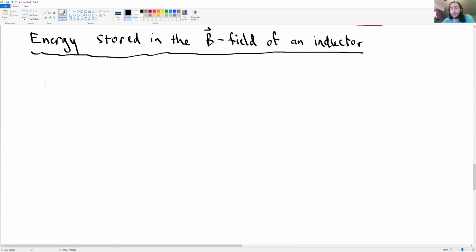So let me remind you that first. We found that the energy stored, notice this is a capital U, so this is energy, not energy density. Capital U for a capacitor was something like 1/2 C times delta V squared. Okay, so this is energy stored in a capacitor.